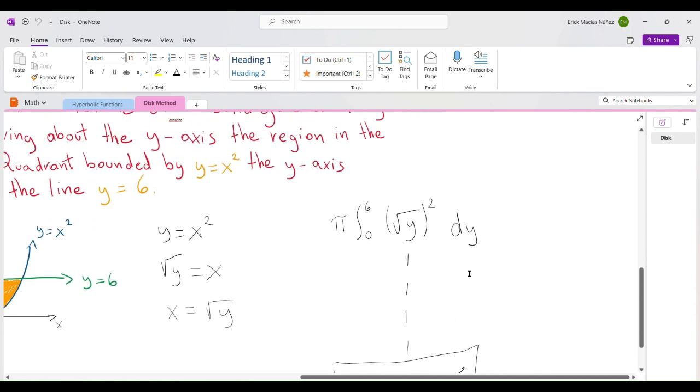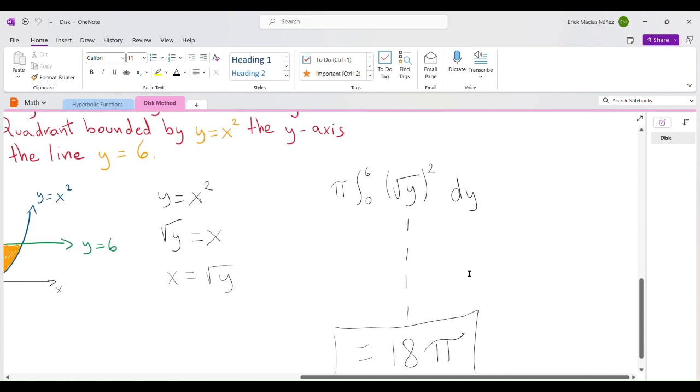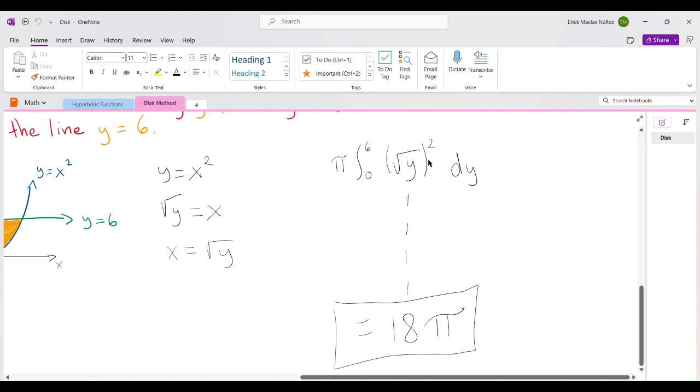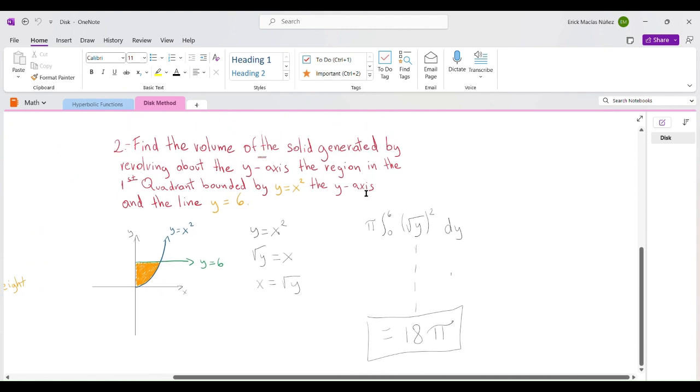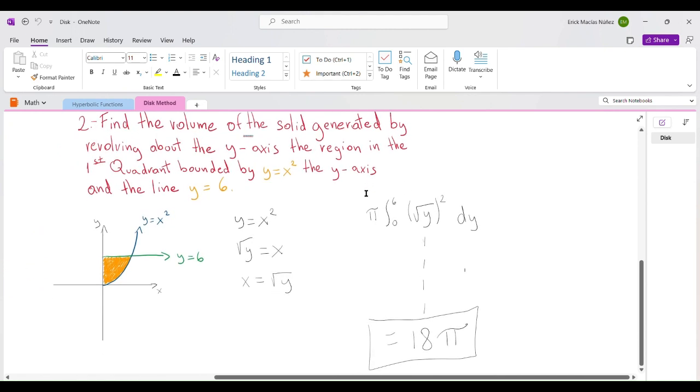Then you just want to do the same steps that we did in the first problem, which is putting in the formula and subtracting the equations that you just got. You should already be comfortable with integrations, so we already know that the answer for this will be 18 pi. You could do the equation on your own if you would like, but those are the basics of finding the volume of a three-dimensional shape.